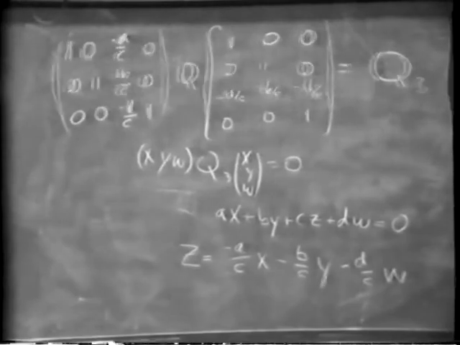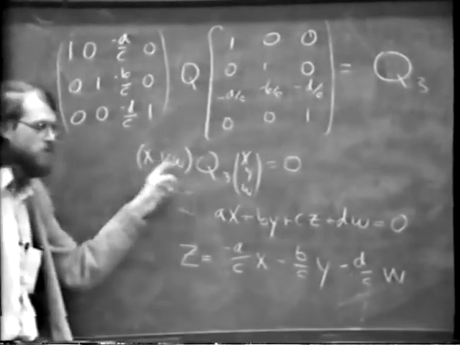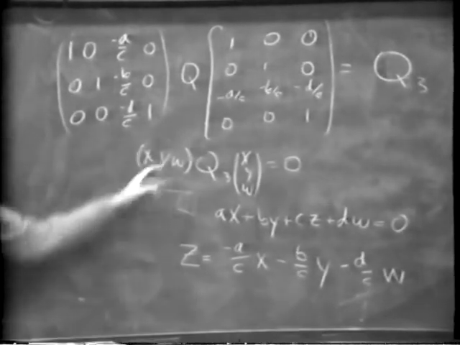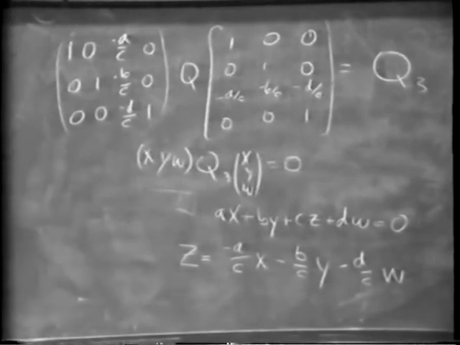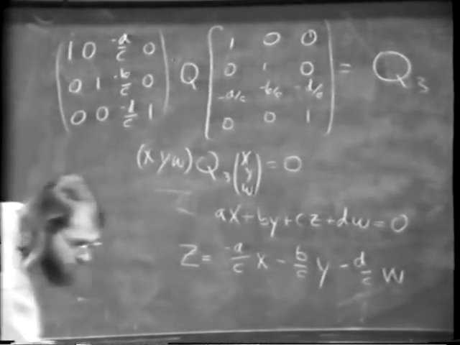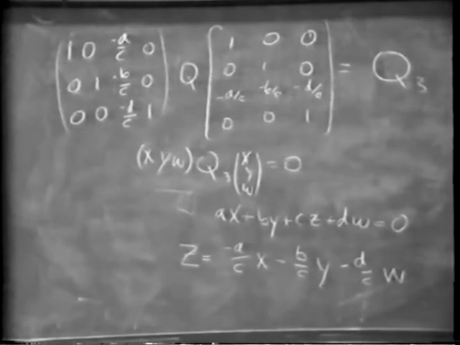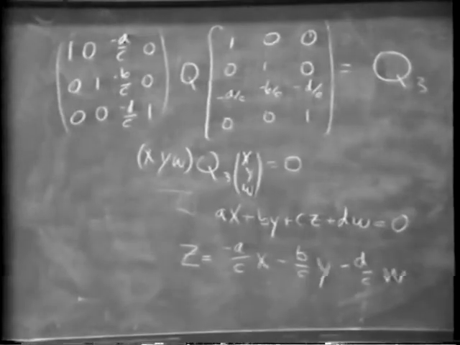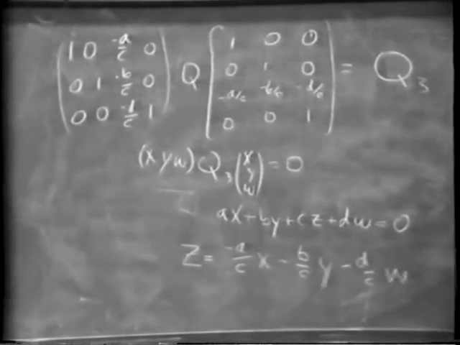In this case, x and y are the screen and the pixel coordinates. We left the w in there just to keep things homogeneous, but typically you'll plug in a value of 1 for the w. We now know the equation in screen space of the curve that we want to draw.